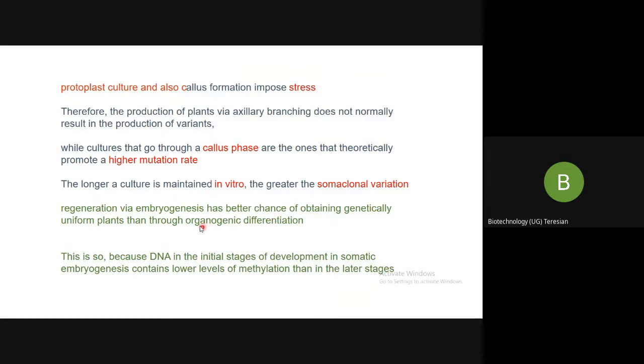So regeneration via embryogenesis has a better chance of obtaining genetically uniform plants than through organogenic differentiation. So embryogenesis is one of the best ways to overcome somaclonal variation. This is so because DNA in the initial stages of development in embryogenesis contains lower levels of methylation than in the later stages. That is why we are going for embryogenesis culture.